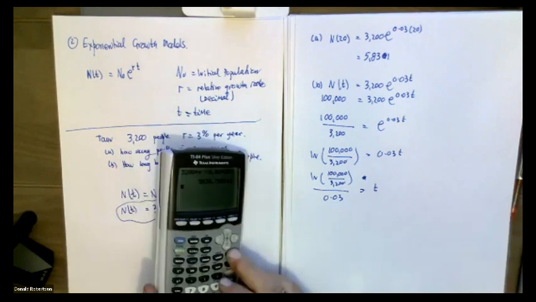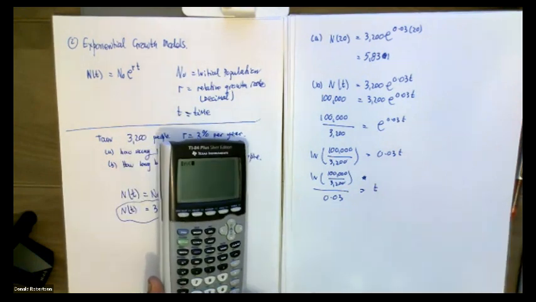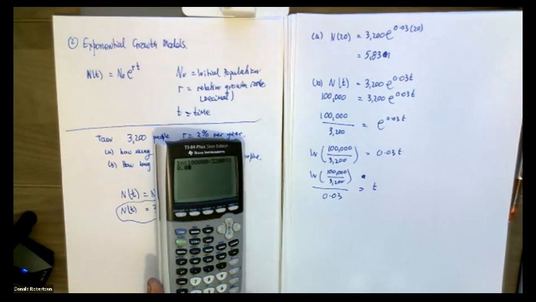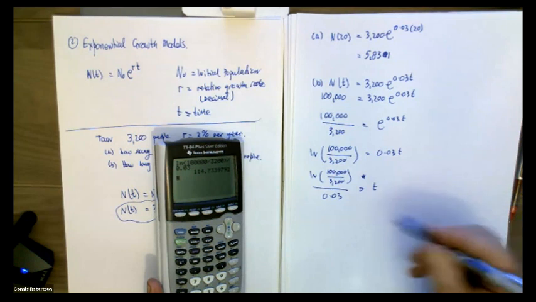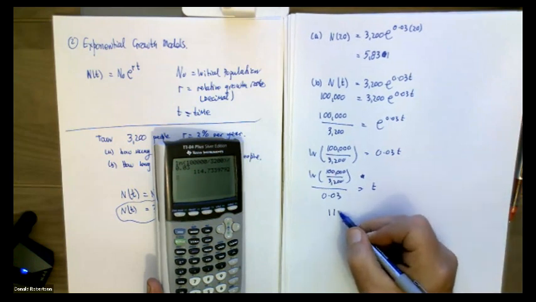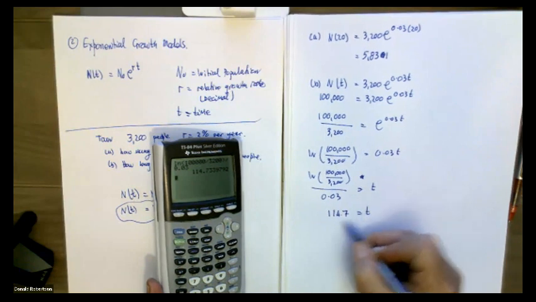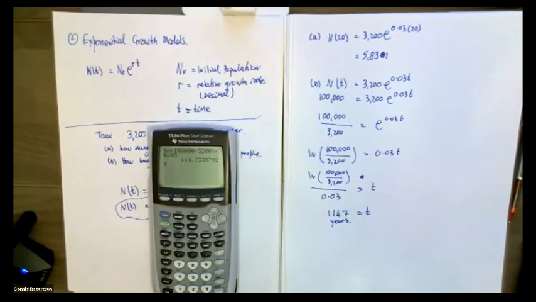So here goes. The natural log of 100,000 divided by 3,200, divided by 0.03, and the answer, to one decimal place, is 114.7 years.